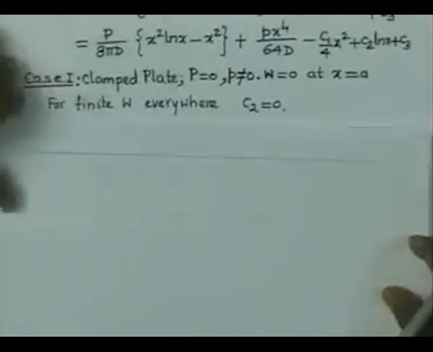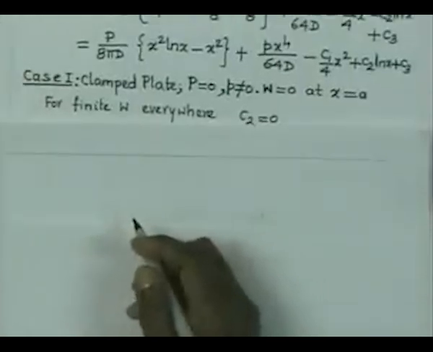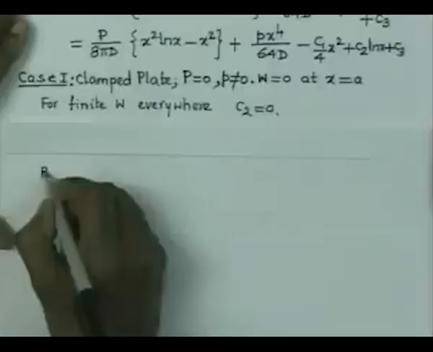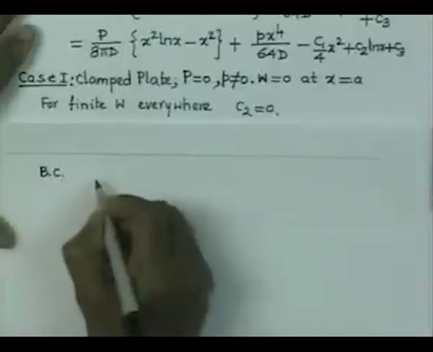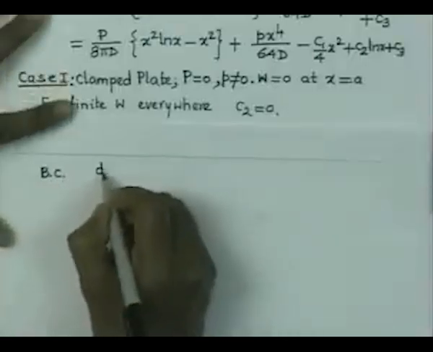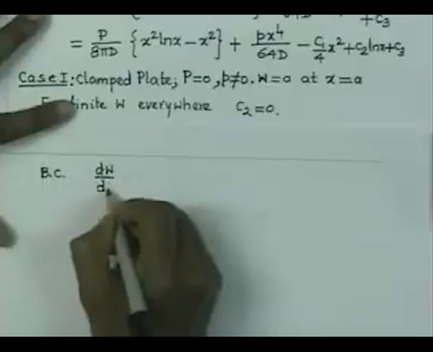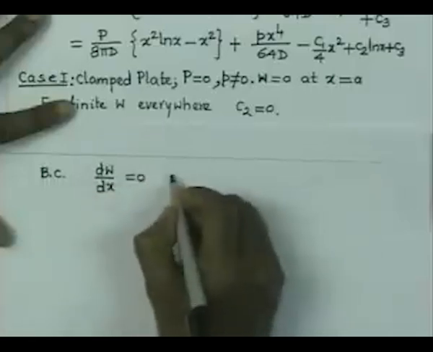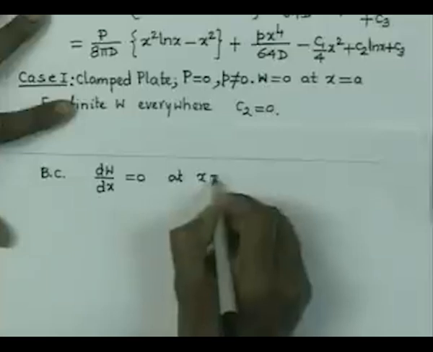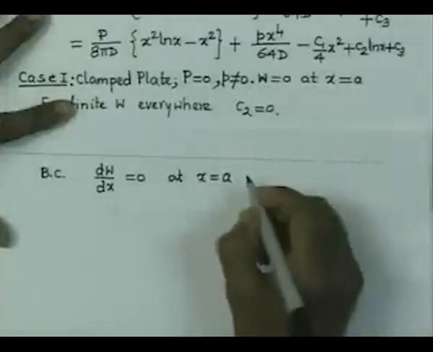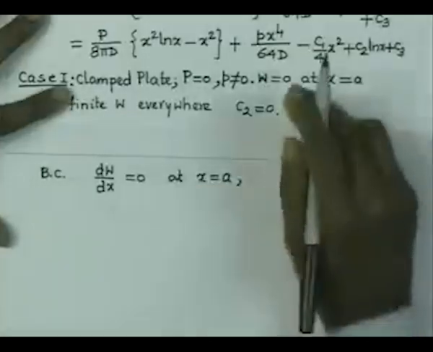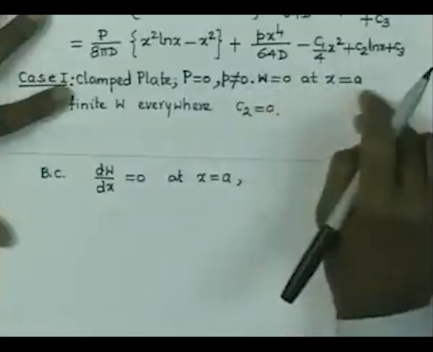Other boundary conditions are as follows. We have the slope at the end of the plate, x equal to a, that is 0. So we can now write the boundary condition that the slope dw/dx is equal to 0 at x equal to a, and at the same time we do not have any deflection at x equal to a.